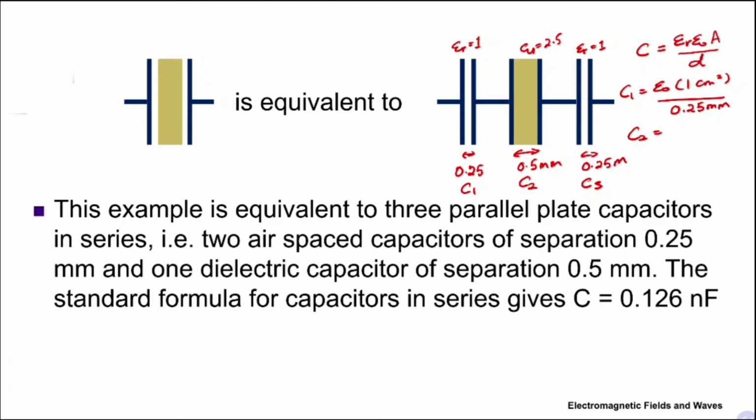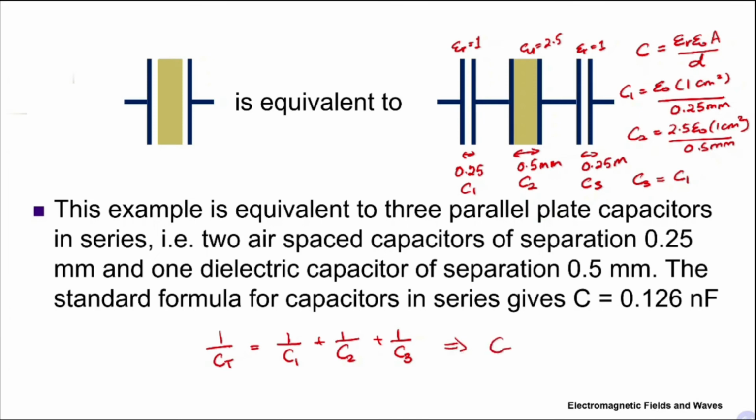And then C2 is equal to 2.5 epsilon naught, and C3 is equal to C1, and then you can put in 1 over the total capacitance equals 1 over C1 plus, and then Cp will be equal to.